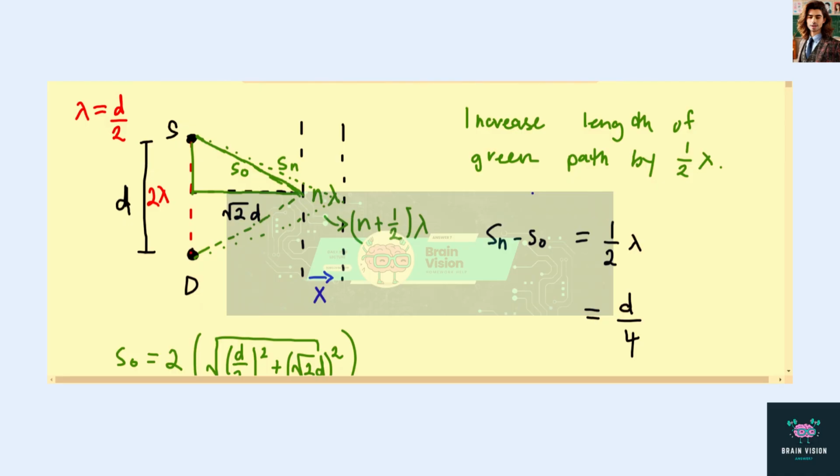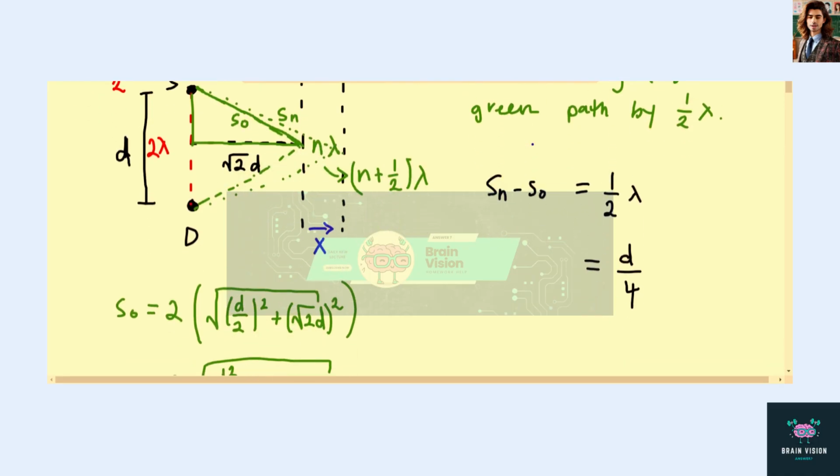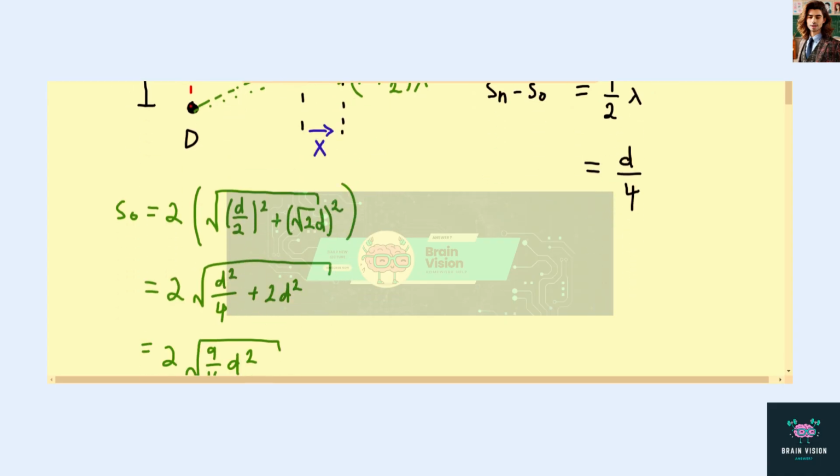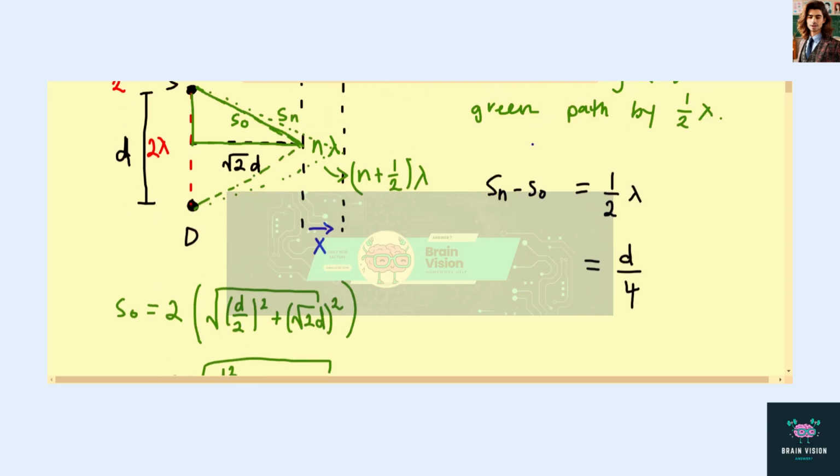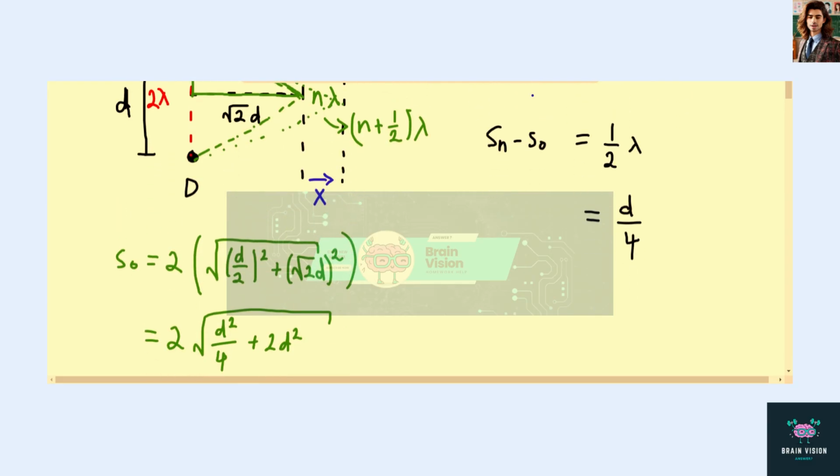Sn, we know that it's going to be exactly the same calculation, but we're just going to have to increase that square root of 2d by x, whatever that x is that we're moving the cardboard by. So there's not too much we can do in terms of simplification there. I'm just going to throw that into the formula.